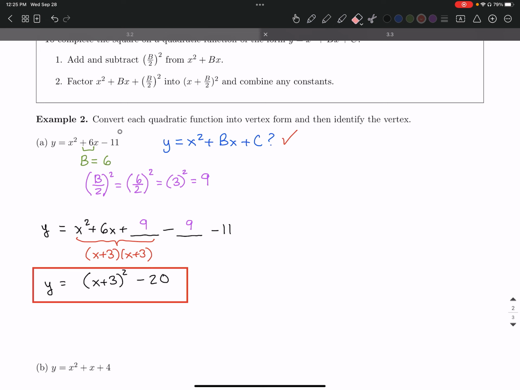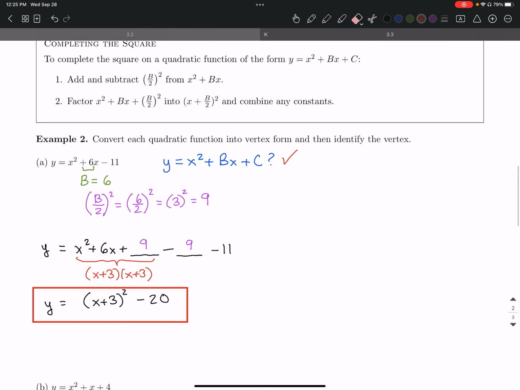The answer to that is no. So this doesn't really factor at all with our typical understanding of factoring. And in order to get to vertex form, we need to find a way to force a piece of it to look like x plus a number times x plus the same thing. And that's exactly what completing the square does.